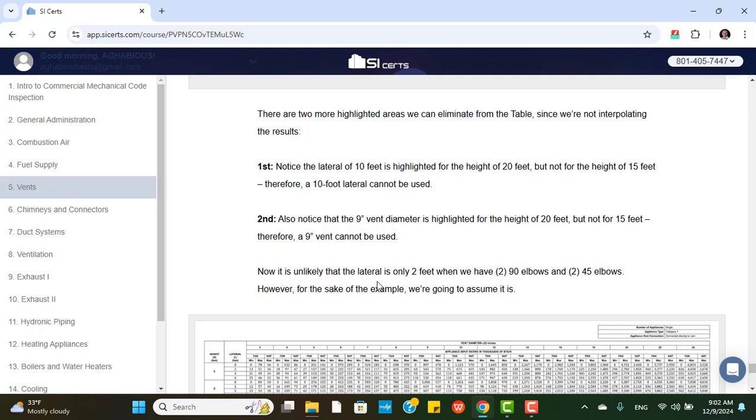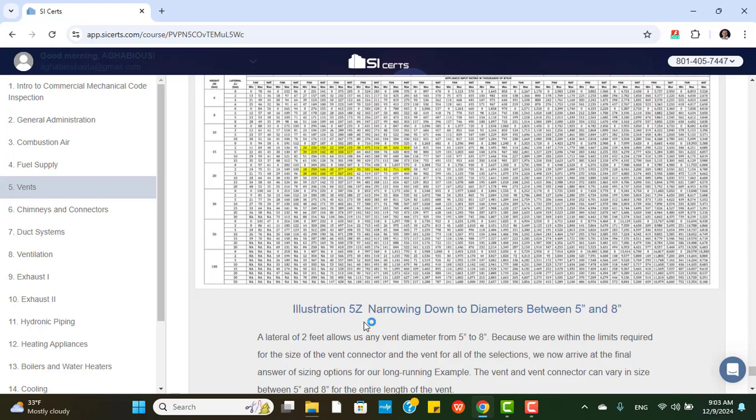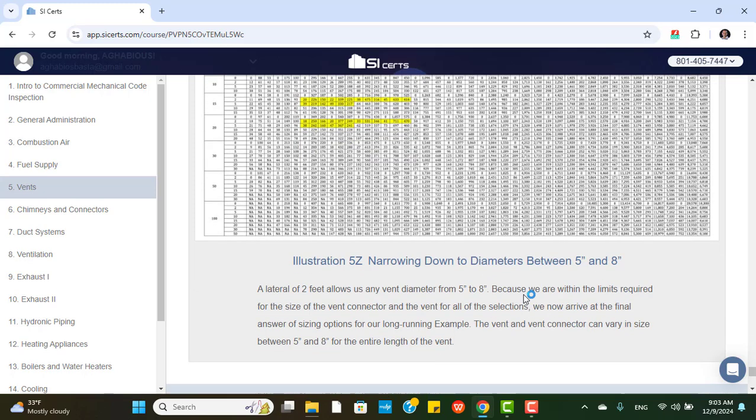Now, it's unlikely that the lateral is only 2 feet when we have 2 90-degree elbows and 2 45-degree elbows. However, for the sake of the example, we are going to assume it. Illustration 5Z, narrowing down to diameters between 5 inch and 8 inch.